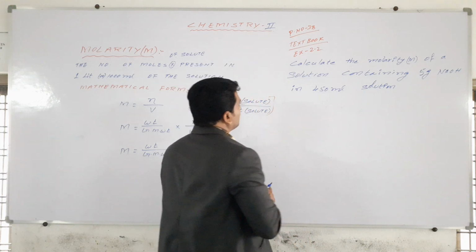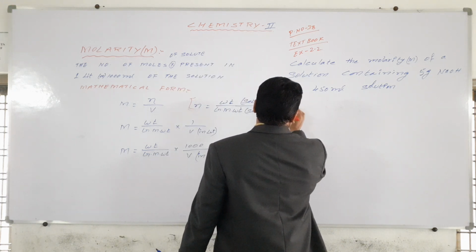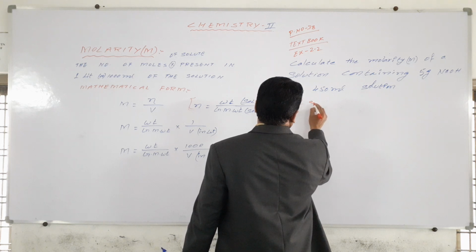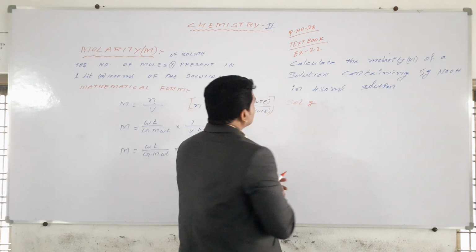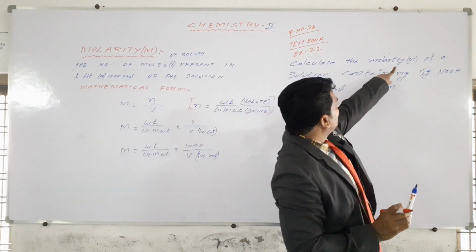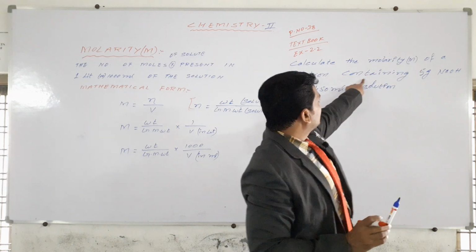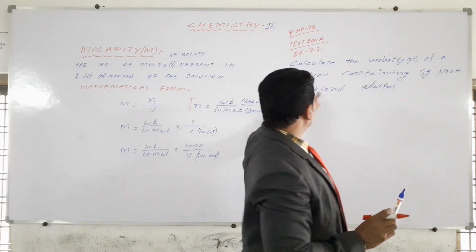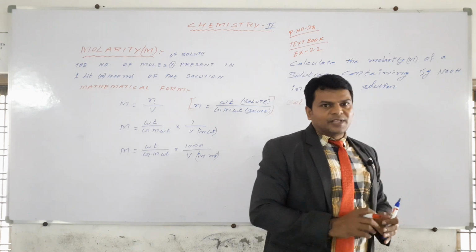So this is the problem given to us. Calculate the molarity of a solution containing 5 grams of sodium hydroxide present in 450 ml of the solution.